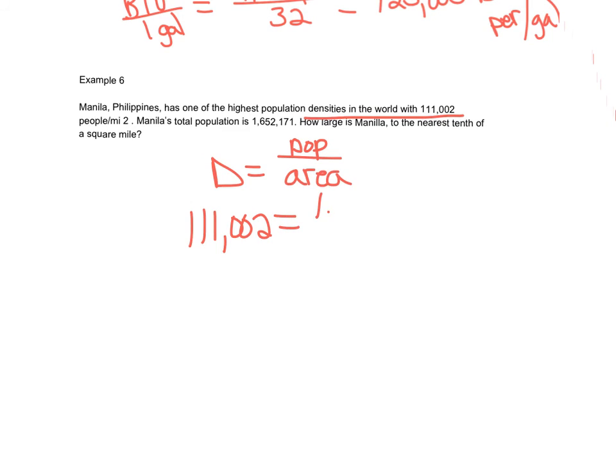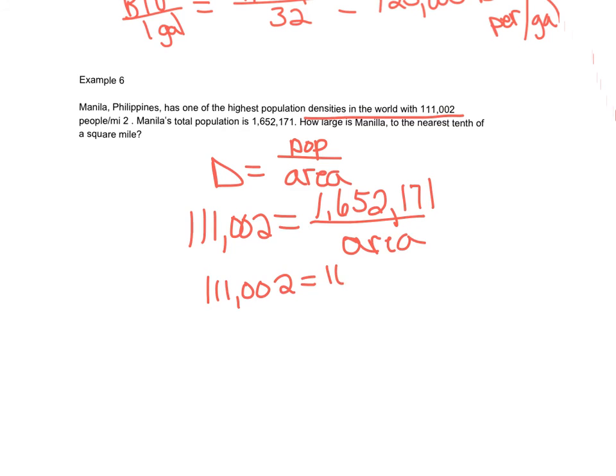The population is 1,652,171. And how large is it? So it wants us to find the area. That's our x. So I'm going to rewrite this using x: 1,652,171.